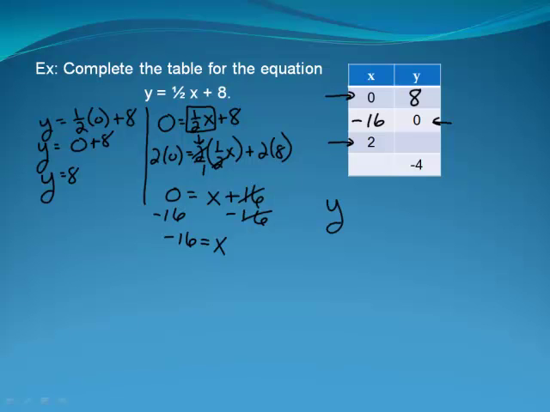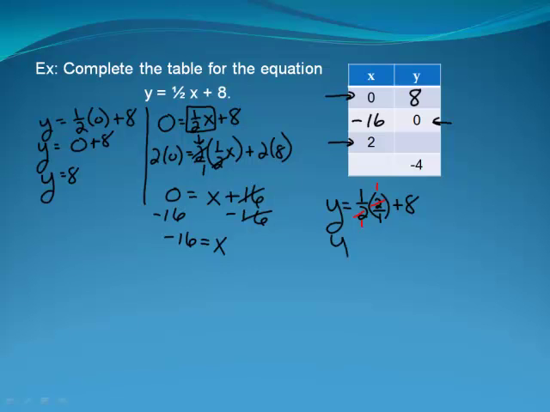So we've got y equals 1/2 times x, which is 2, plus 8. Remember that 2 is up in the numerator. So what's going to happen on the right-hand side is the 2's are going to cancel. Or if you take out a common factor, 2 divided by 2 is 1, 2 divided by 2 is 1.